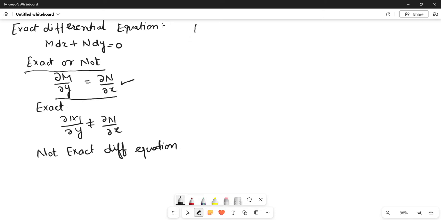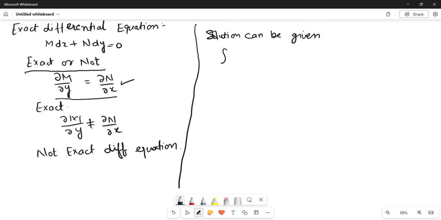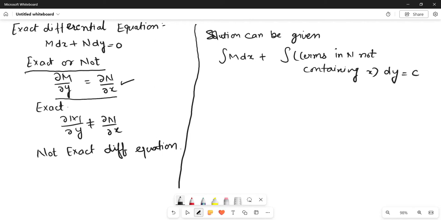If your equation is exact, then its solution can be given by integration of M dx plus integration of terms in N not containing x dy equals to c, where y is taken as a constant here.